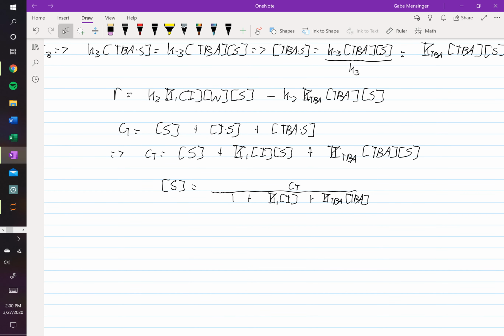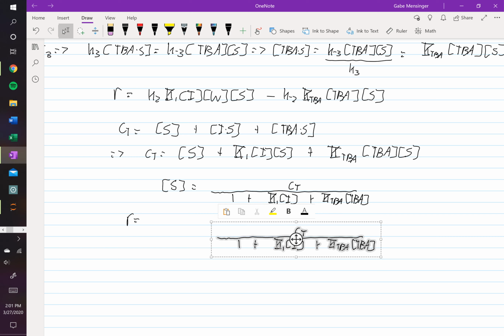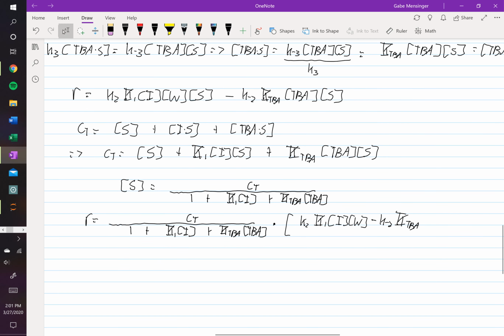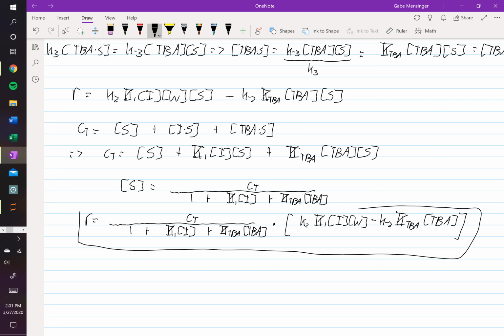All right, now we can go plug that back into our rate expression and we will get... and there you go. Nice and easy.